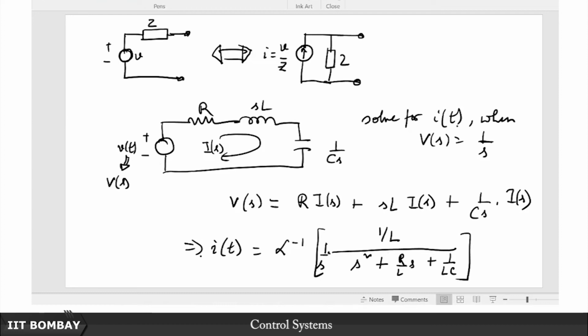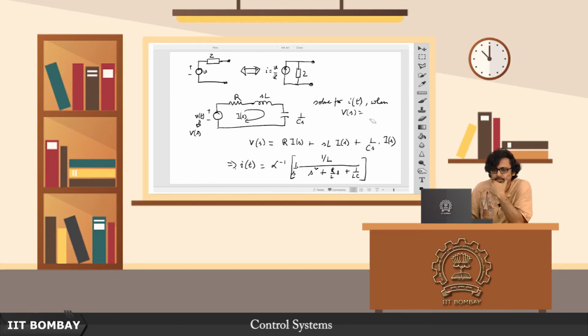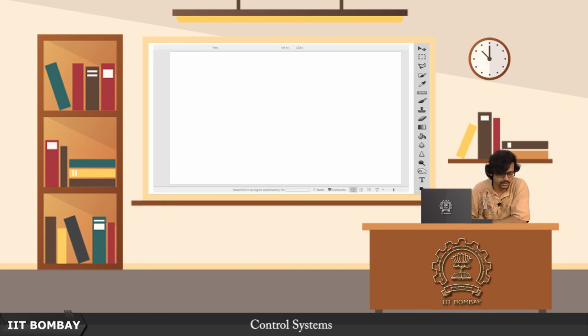Let me just say that we are trying to determine the impulse response, so let me make it 1 over here, because we will deal with the step response in further detail in a later chapter. For now let us just say it is the impulse response. You know that the inverse Laplace of 1 is basically the delta function. Okay, having seen that, let us get into the next page.